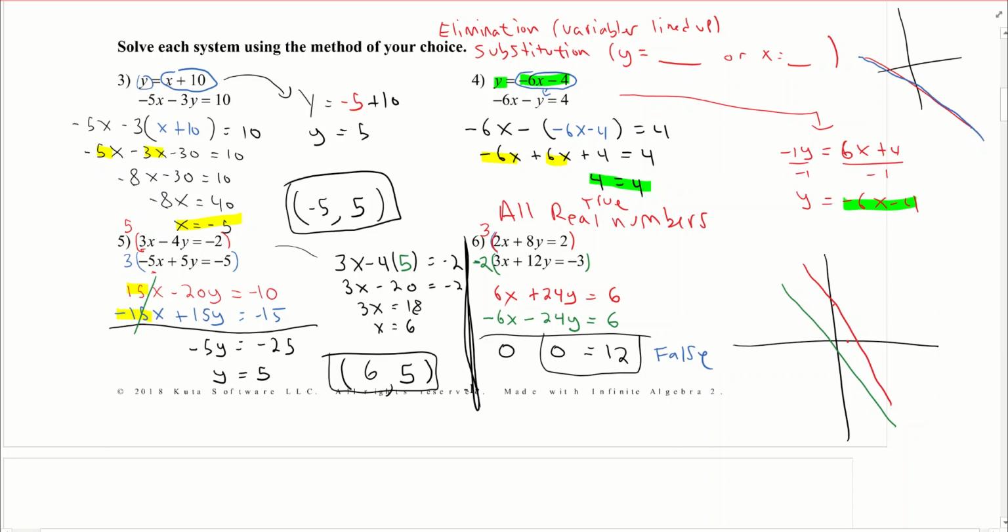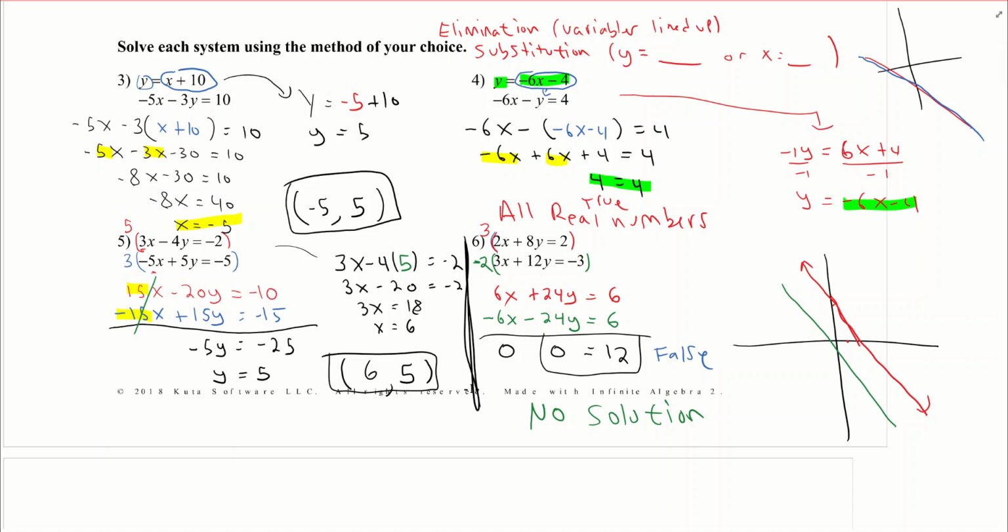If I could draw those straight, you'd see that they're parallel. And so again, the question is, where do they intersect? And the answer is, well, parallel lines don't intersect. And so this one has no solution because there's no points of intersection, right? If they're parallel, they're never going to intersect, and therefore there's no solution to this.